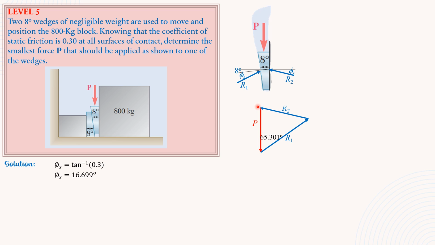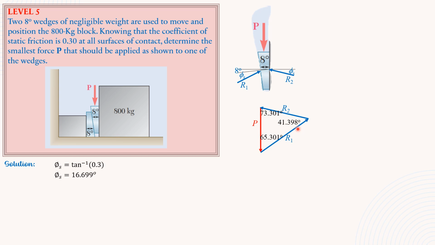Then we have R2 here, which makes an angle with the horizontal of φs, 16.699. So with the vertical, 90 minus 16.699 degrees, and that is 73.301 degrees. The remaining angle of the triangle is 180 degrees minus 73.301 degrees minus 65.301 degrees. So using your calculator, we have 41.398 degrees.